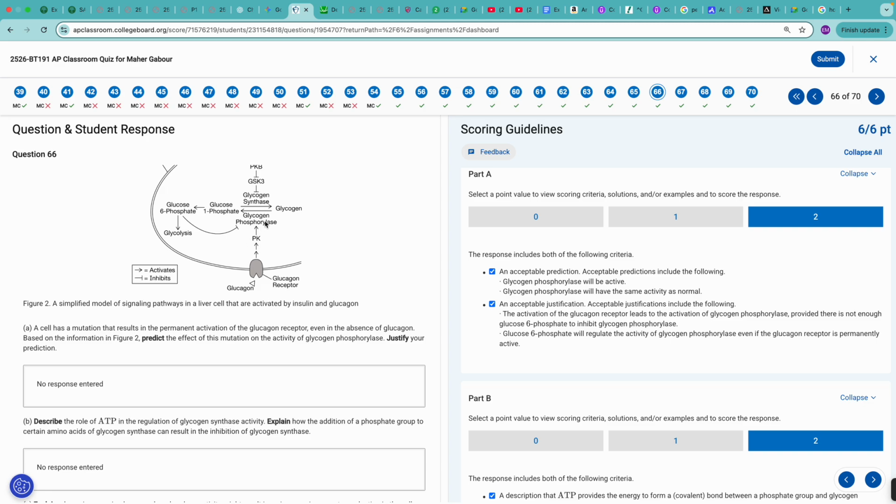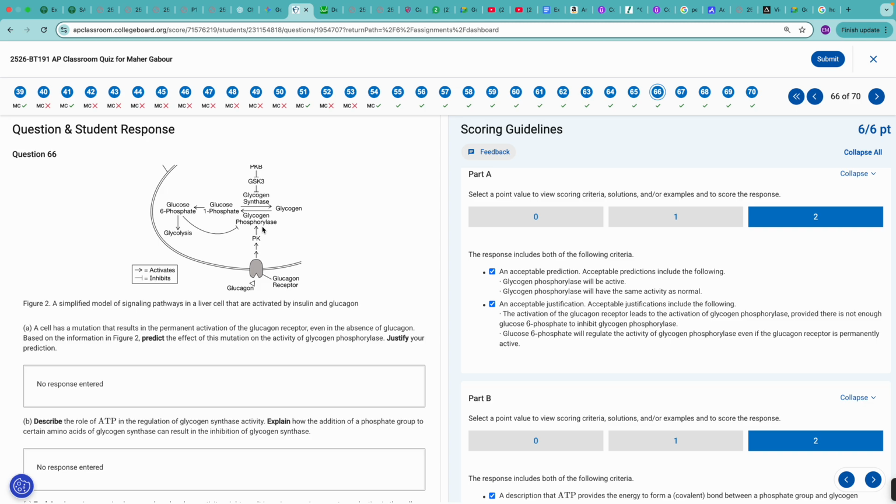Now, the glycogen phosphorylase causes the glycogen to be broken down into glucose 1-phosphate, which is then broken down into glucose 6-phosphate. But the crazy thing about this is that glucose 6-phosphate actually tries to stop the glycogen phosphorylase from breaking down the glycogen, because sometimes the cell can't keep up.